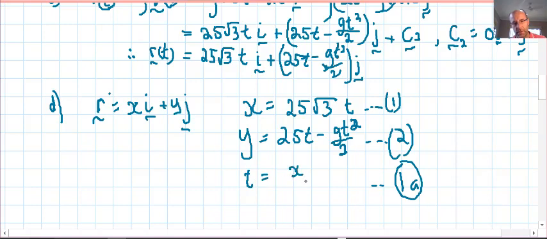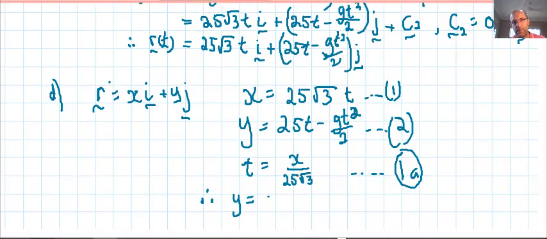So it's x over 25 root 3. So in equation 2, wherever we see t, we can replace it with the result of equation 1a, which is x over 25 root 3.